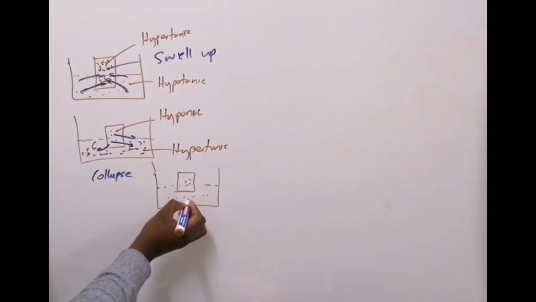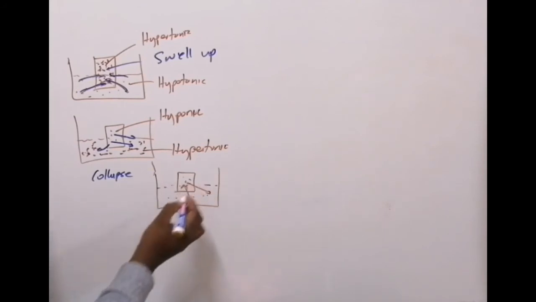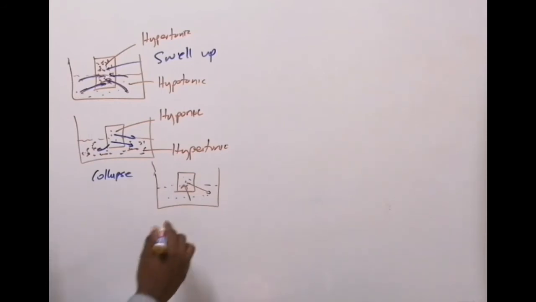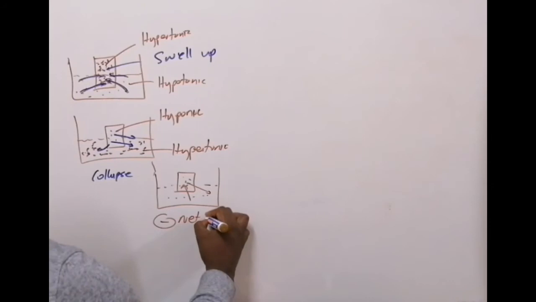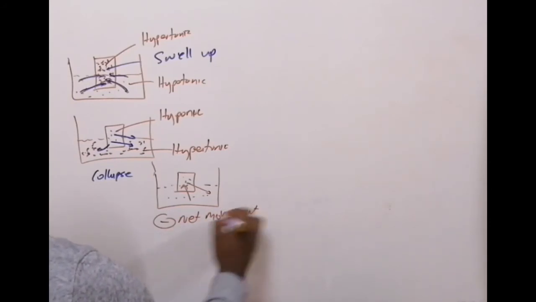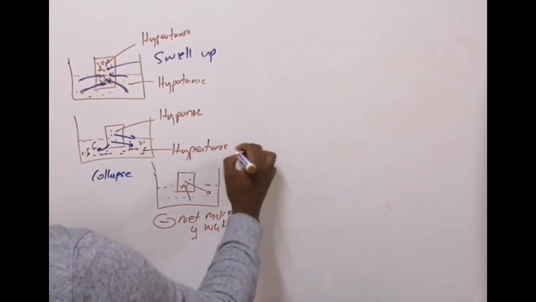It means that the same amount of water that goes in will be the same amount of water that goes out. So there won't be any net movement of water, because this is isotonic.